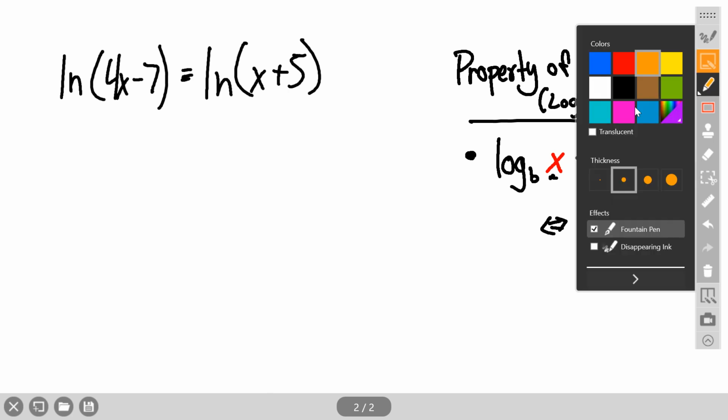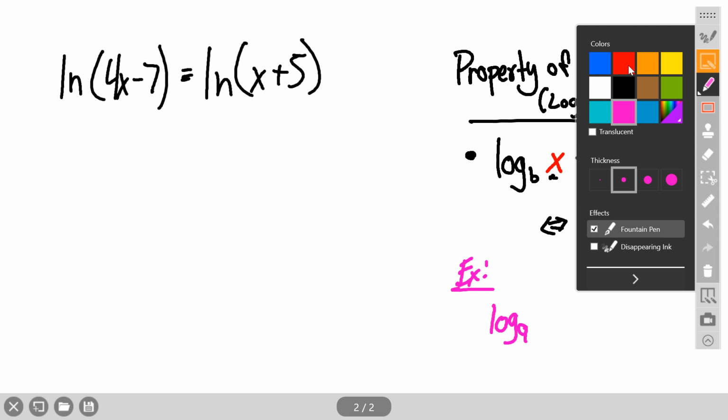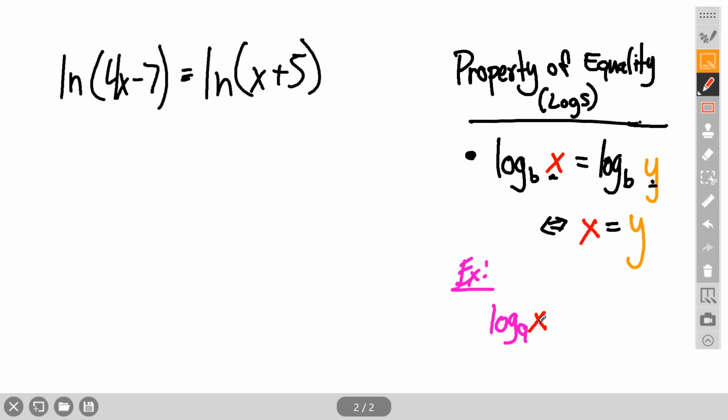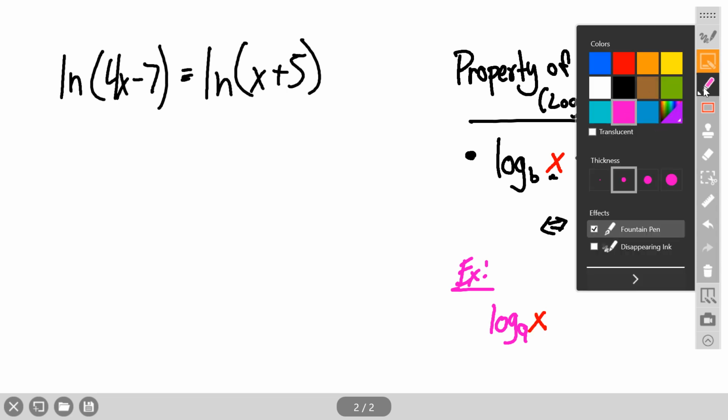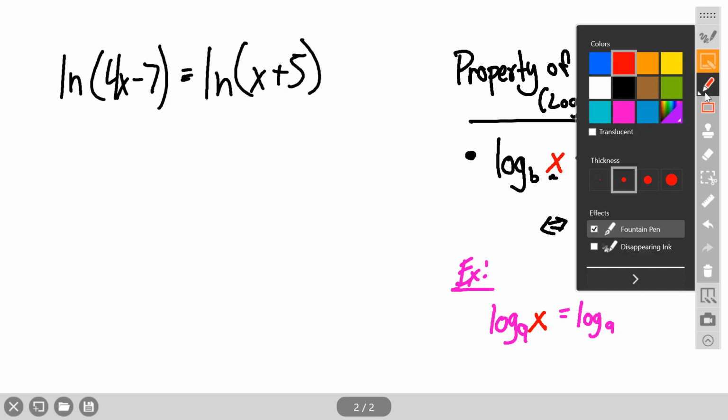A simple example of this would be an equation like log base 9 of x is equal to log base 9 of 12.